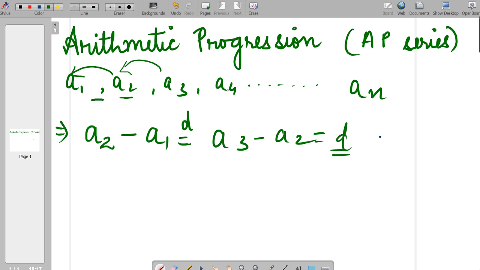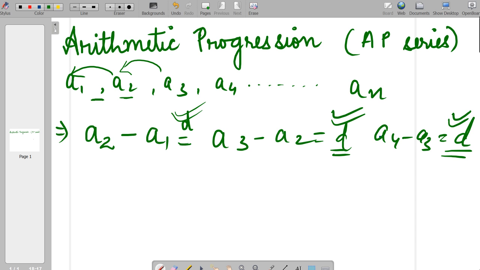Moving ahead, if you consider A4 and A3, then A4 minus A3 will give you the same difference. That means this value of small d will be constant at every hop. If this condition is satisfied, that means the provided sequence of numbers is in arithmetic progression.